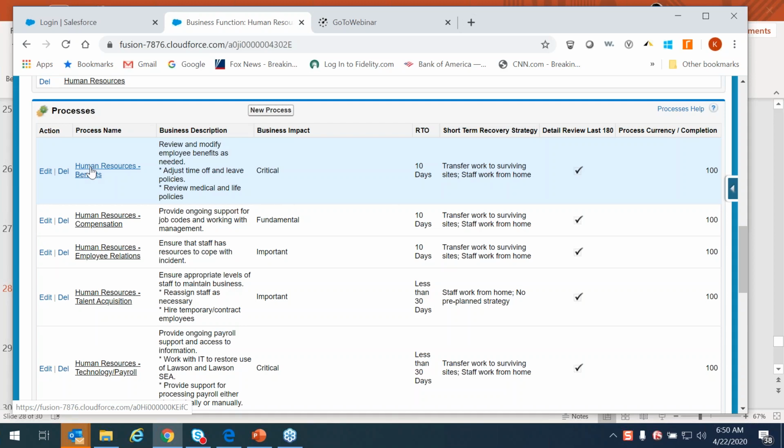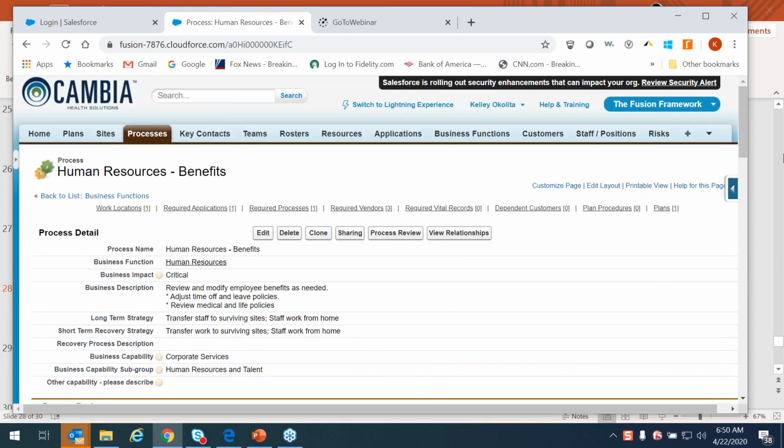And the reason is because the different processes that make up human resources have different recovery times and different technologies that they use and different sites that they're located in. So we want to make sure that we get down to that process level to understand what our requirements are to build a plan. So here's human resources benefits.